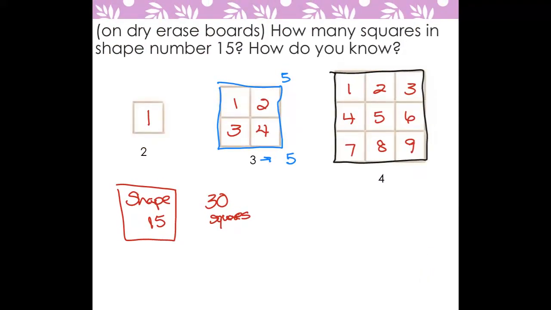Isn't what you did for number 3? Sort of. Say more. How many squares are there in figure 4? It is not 9. It is not 10. Here's the 10th square.